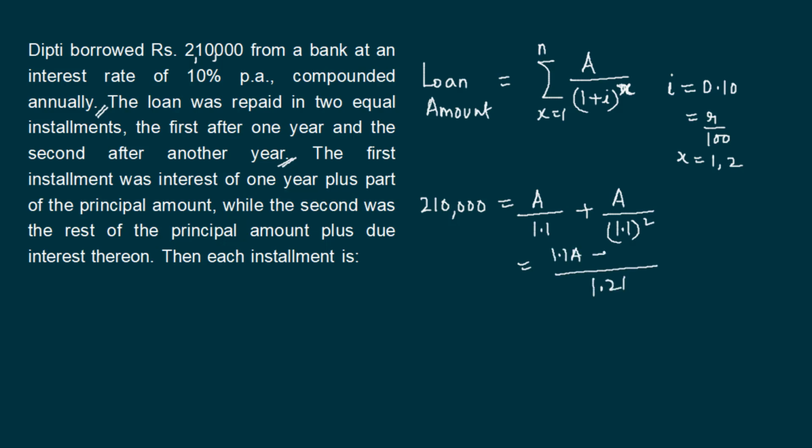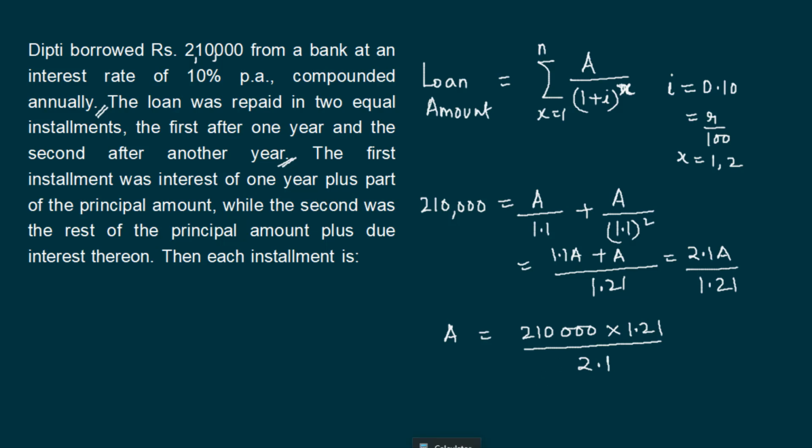So it would be 1.1a plus a, that is 2.1a upon 1.21. Therefore a would be simply 2,10,000 into 1.21 divided by 2.1.